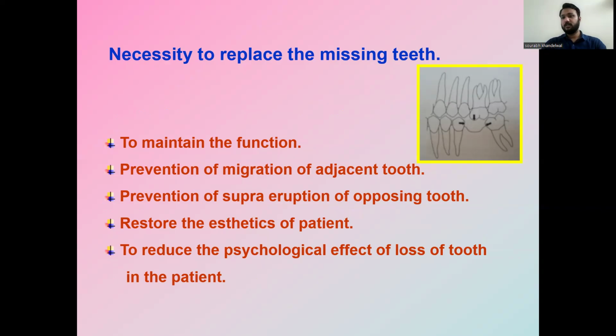As you can see in the picture with the help of the arrows, all three teeth try to accommodate the space. So we replace teeth to maintain function, prevent migration of adjacent teeth, prevent supraeruption of opposing teeth, and restore the aesthetics of the patient to reduce the psychological effect of tooth loss.